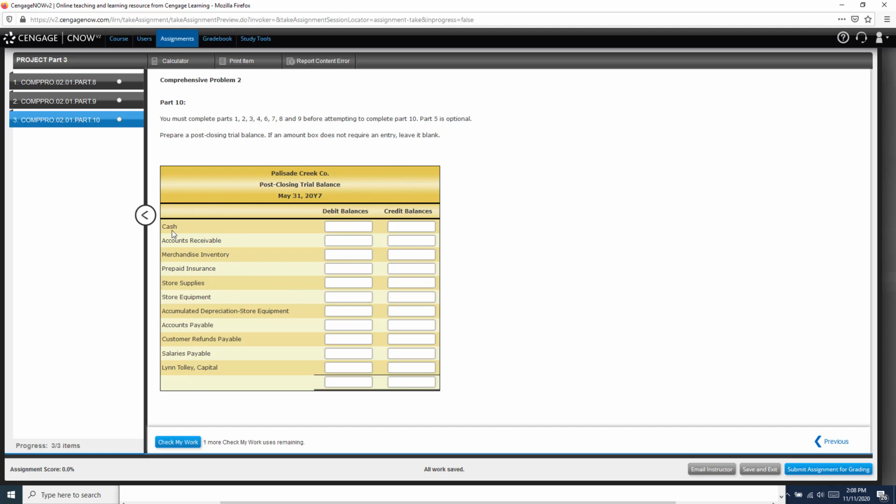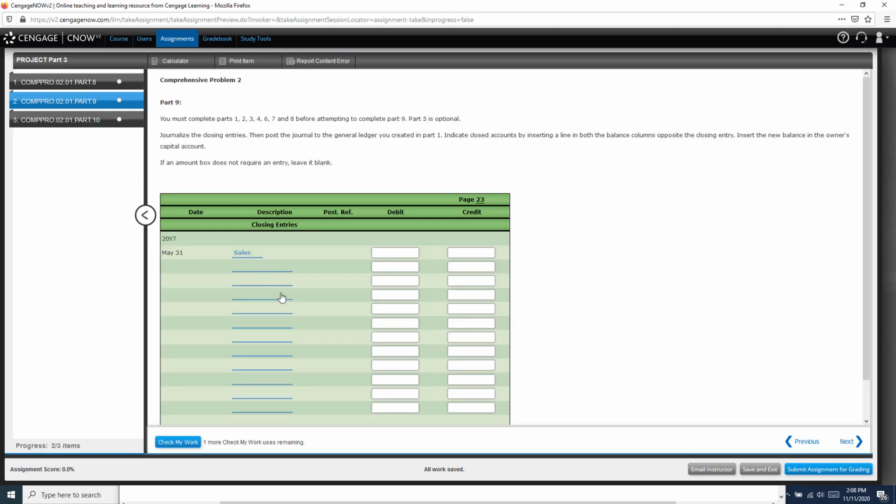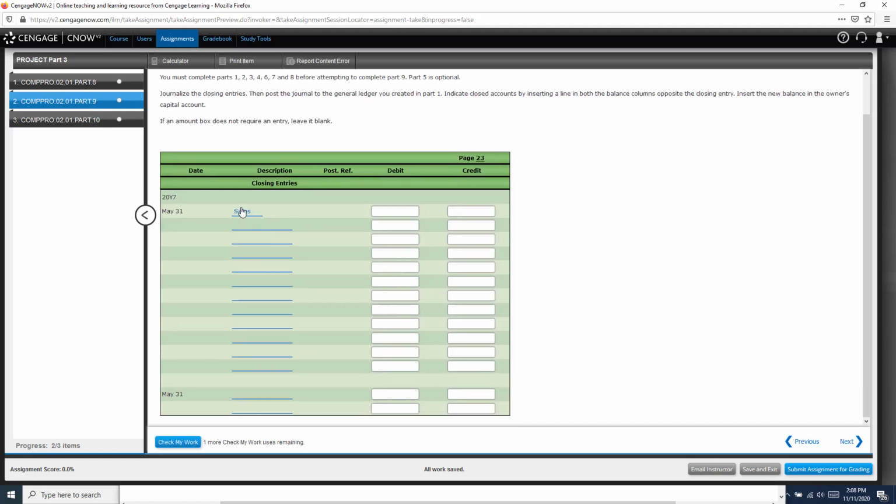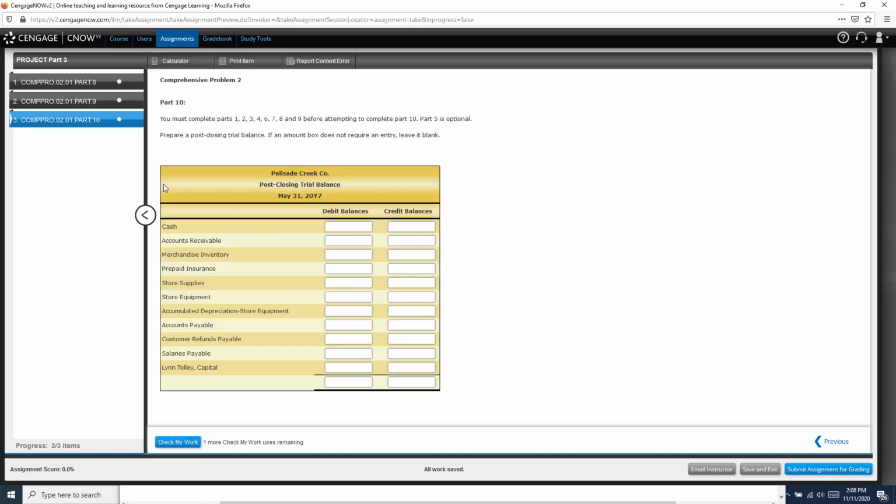Okay, what about these cash, accounts receivable? Were these impacted by the closing entries? Well, let's go back to the closing entries. Here's the closing entries, and all of these accounts that you had booked it to. Did any of these have accounts receivable? Any of these have merchandise inventory? No. If it's not, then it should be the same balance that you had before.